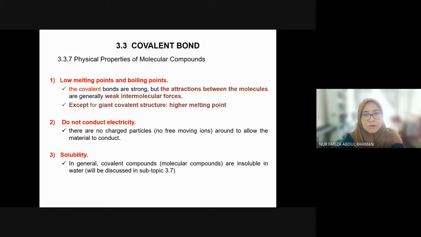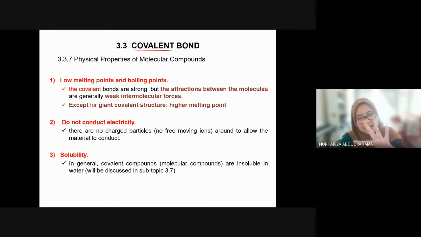Okay, molecular compound means compound having covalent bond. Tapi dia belum habis lagi. Ini just nak, okay, we are done with the Lewis structure, how to draw the structure of molecular compound. Okay, so these are the properties of molecular compound.